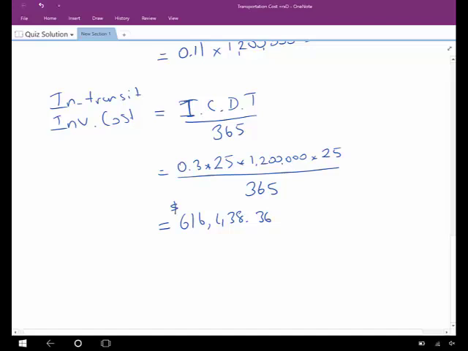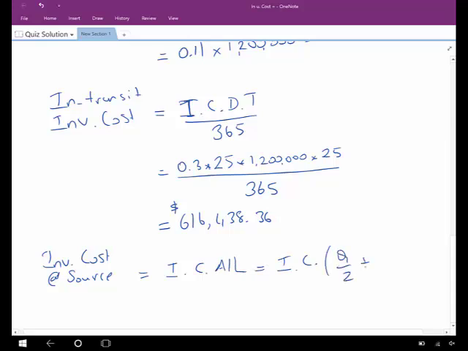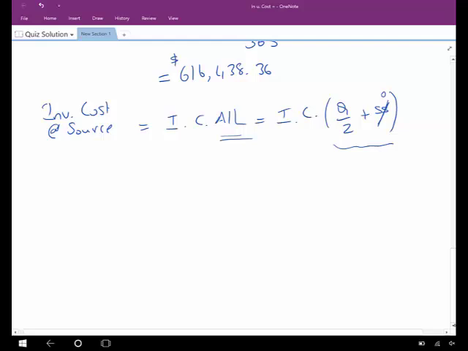Next, let's do the inventory cost at the source. That is basically I times C times AIL, and AIL is Q over 2 plus safety stock. In this question, I'm not given the AIL information, so I need to go through the regular AIL calculation. But there is no safety stock information, so I could assume that is 0. Or you could also assume that it's a fixed number across all modes of transportation, so everybody's cost will change by the same amount, so it's not really a factor.